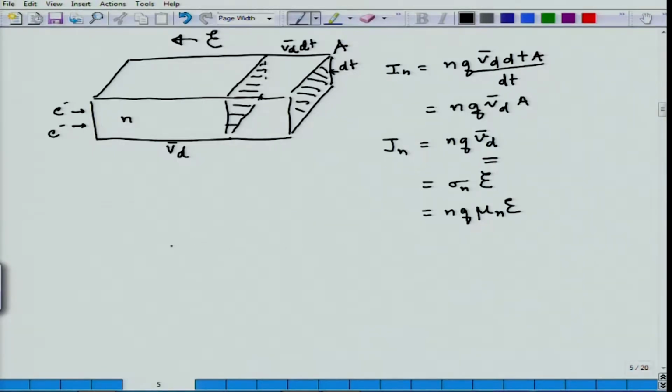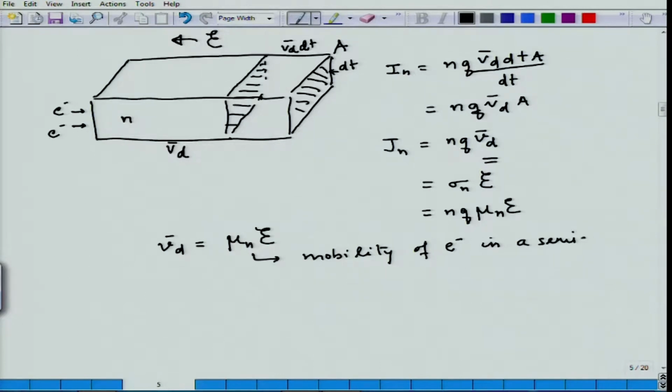What I am trying to say is that V d, the drift velocity generated, is nothing but the mobility of the electron times the applied field E. This is the definition of drift velocity, and this is the mobility of electrons in a semiconductor which is in the conduction band.